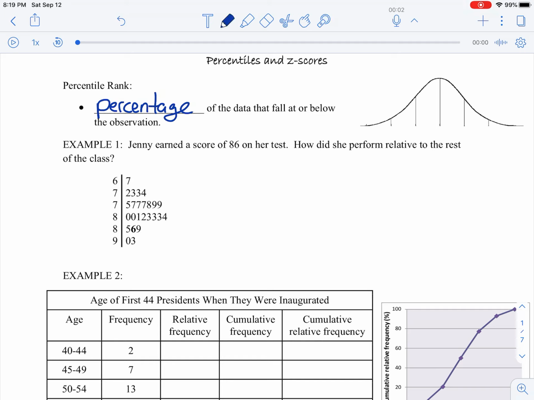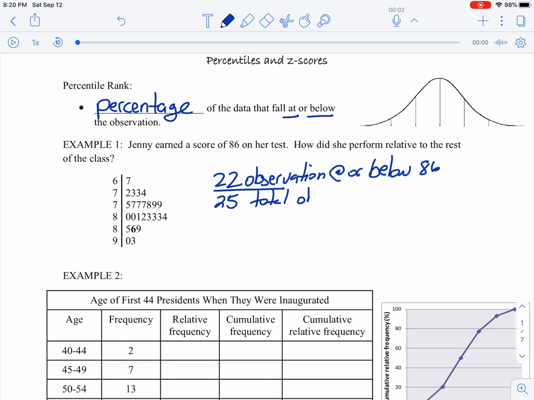If we're talking about the data that fall at or below, she is the 22nd observation at or below 86 out of 25 total observations.